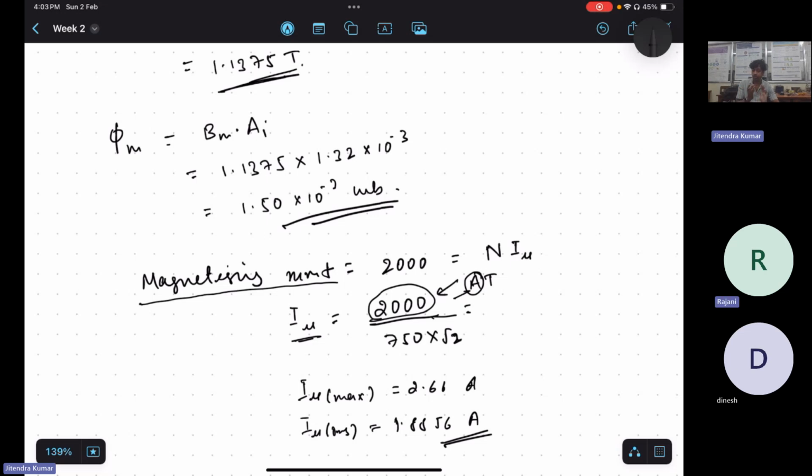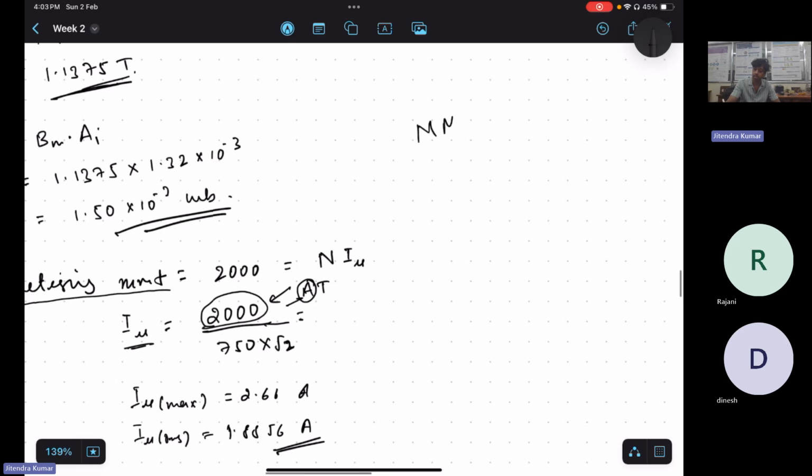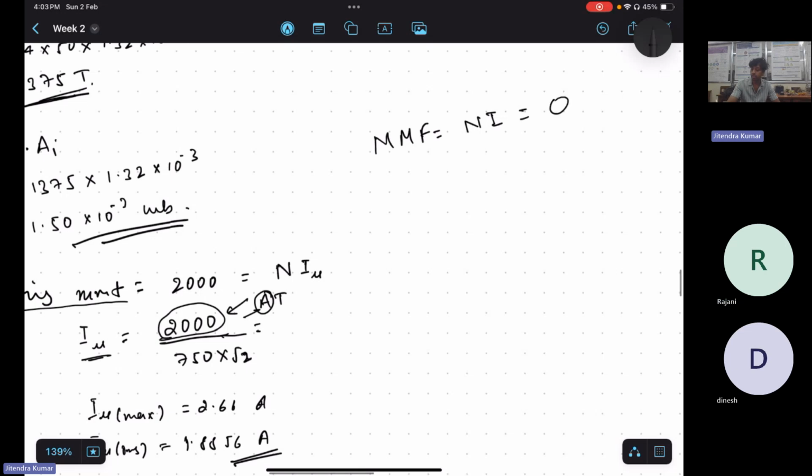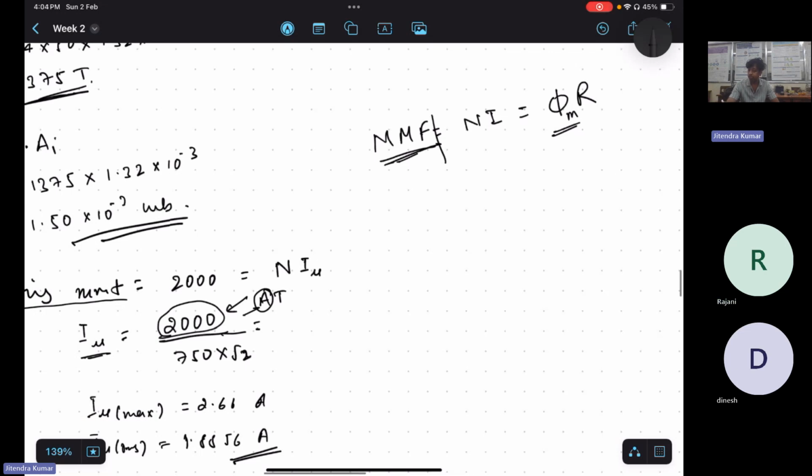So flux is being produced by MMF, which is NI, and another equation is flux into reluctance. Since everywhere we considered maximum flux, what will your MMF be? It has to be maximum, so I has to be maximum because the number of turns is the same. Did you get it, Dinesh? Yes, correct.